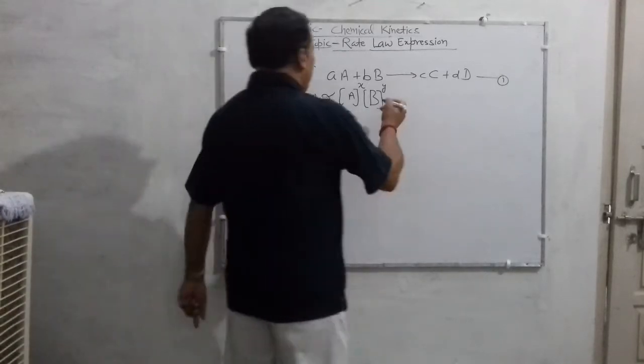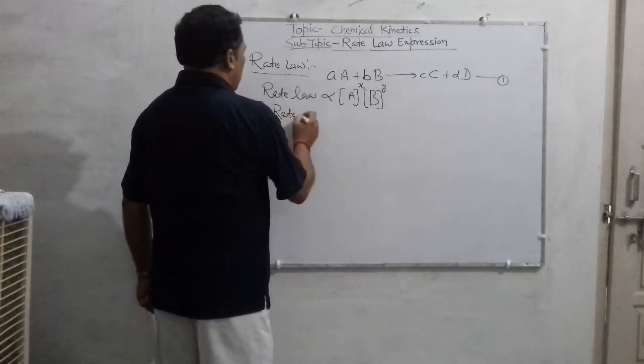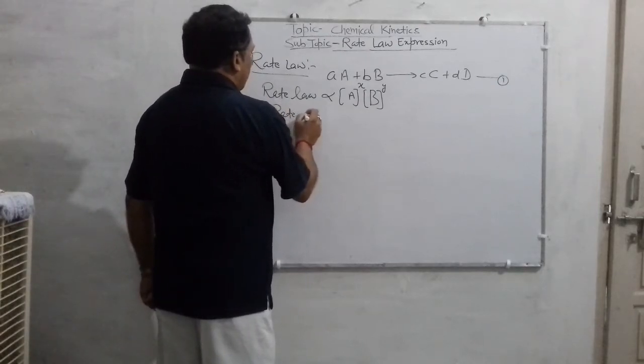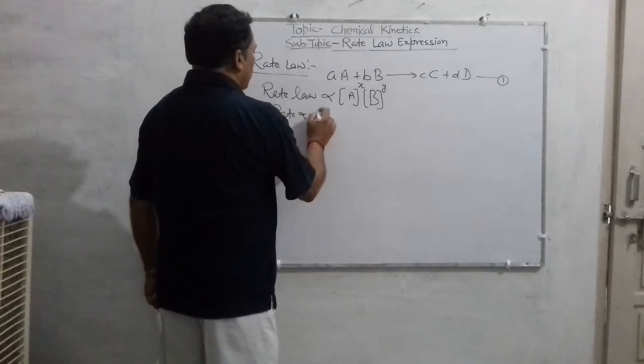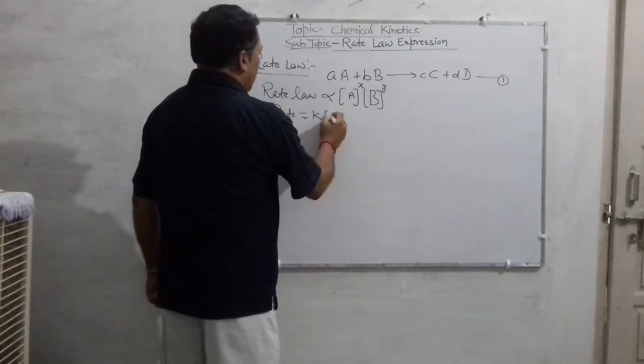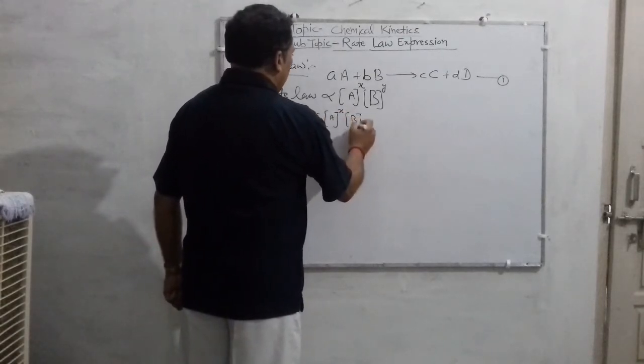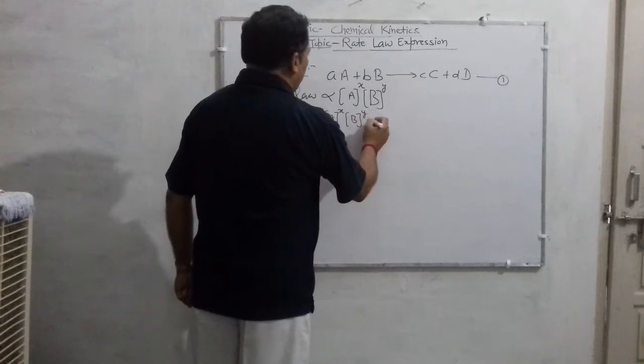This can also be written as rate is k into concentration of A to the power x into concentration of B to the power y.